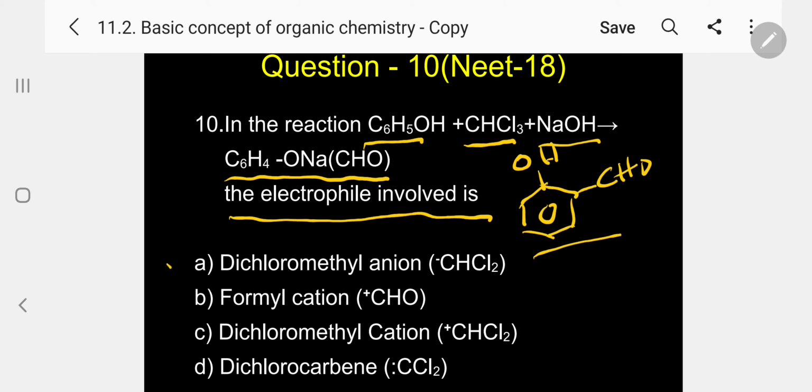There are four options given: dichloromethyl anion, formyl cation, dichloromethyl cation, and dichlorocarbene. Out of these four, which is the correct attacking reagent, that is, the electrophile involved in this reaction?